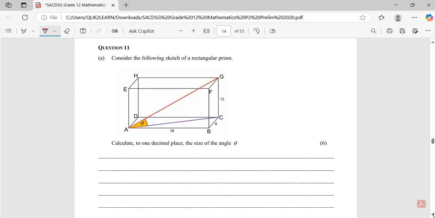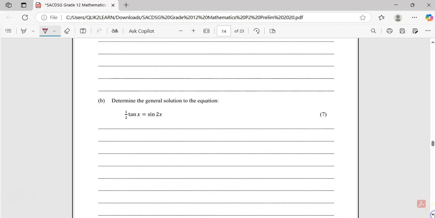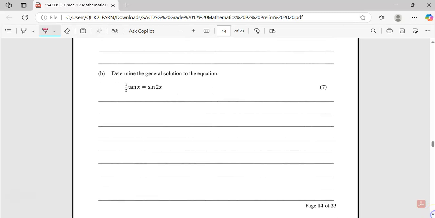To find this one, make sure that you have the distance of AC. You can use the distance formula. So this is a challenge. I'm going to leave you guys with this challenge, and also another one, which is the general solution. You can try the general solution for this.